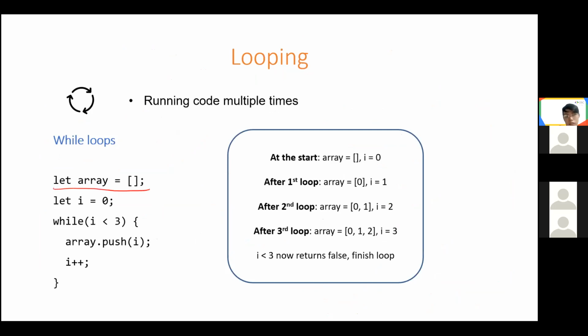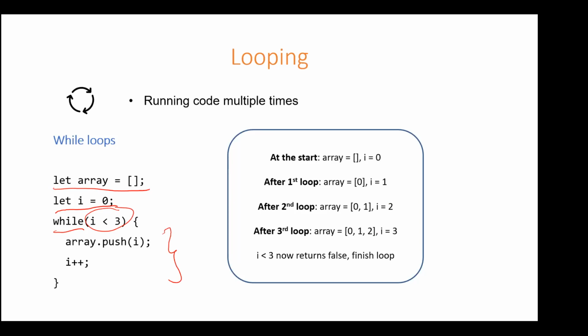I have an empty array. I have this variable i equals 0 here. While i is less than 3, I execute inside. So what do I do inside this while loop? I will push i into the array, and then I will increment i.